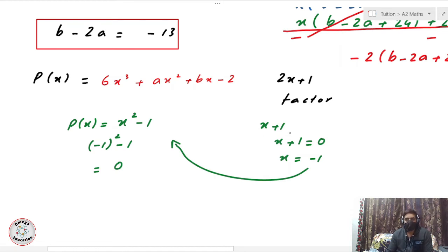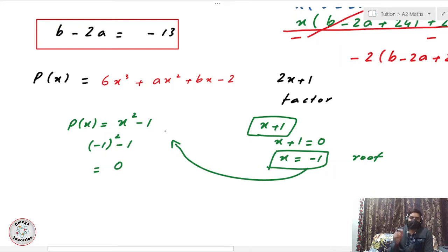So if x plus 1 is a factor, you can obtain a root from there. From the factor we can find a root after putting it equal to 0. And if we insert the value of that root into the polynomial, we get 0 as the answer, because a factor can divide a polynomial, a root can solve a polynomial.